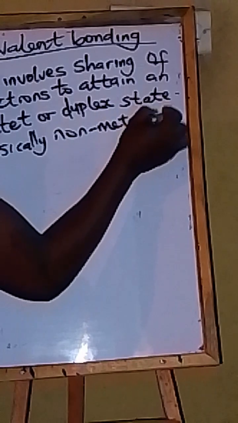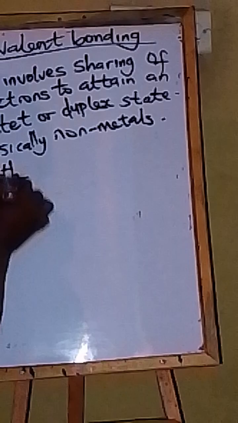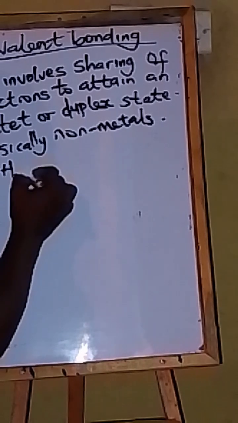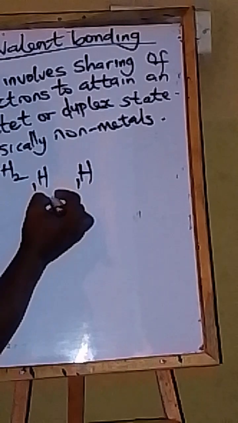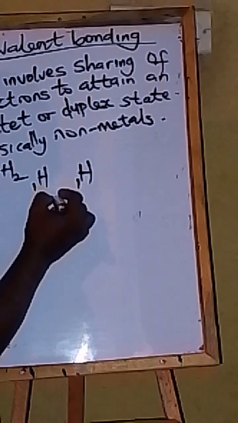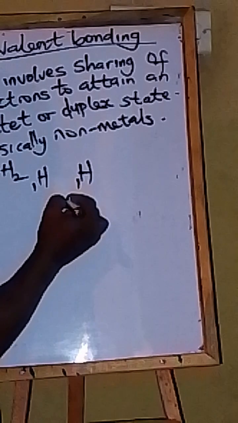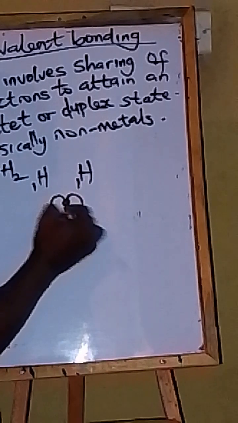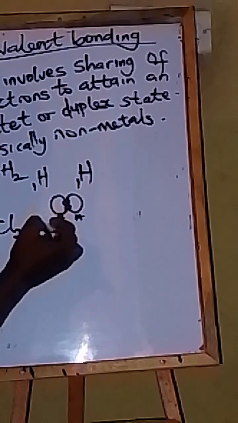How? Let's start with hydrogen. Hydrogen has just 1 electron. So the other hydrogen also has 1 electron. So 2 of them will share. This is hydrogen. We can have Cl2.